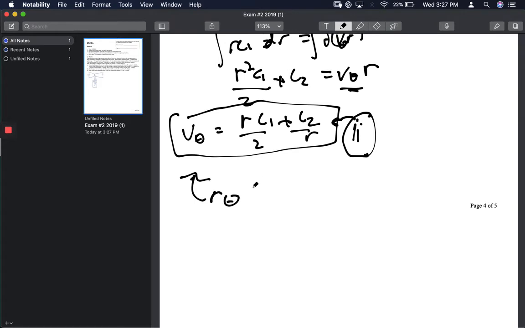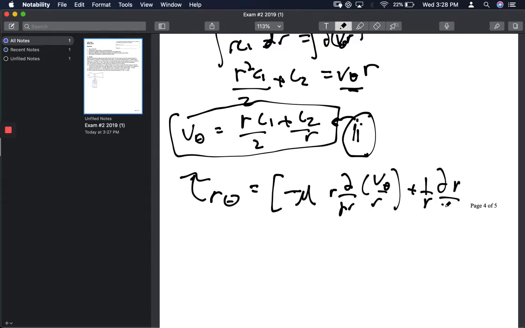And this is going to be equal to negative mu, r d/dr times vθ over r plus 1 over r d vr/dθ. r doesn't change with respect to theta, so we're just going to say that's 0. Excuse me, I think that is actually supposed to be dvr, but in either case, this term should be 0.